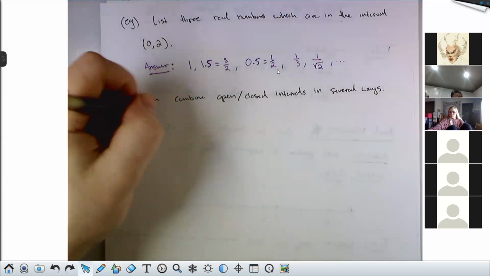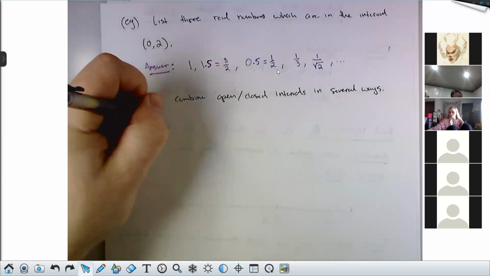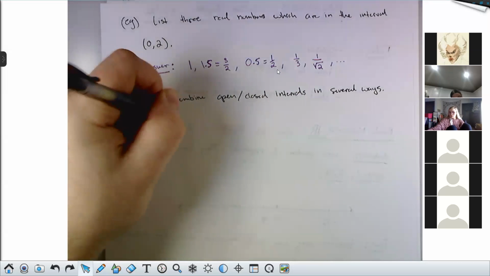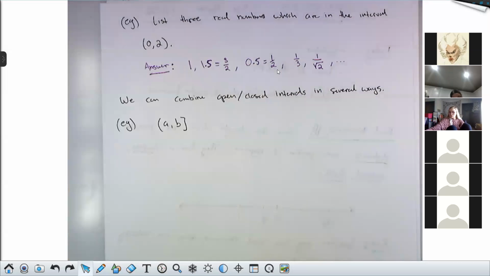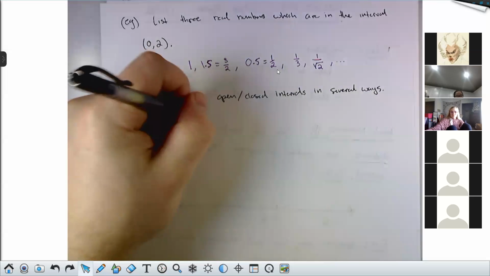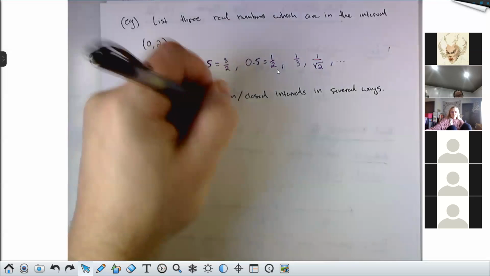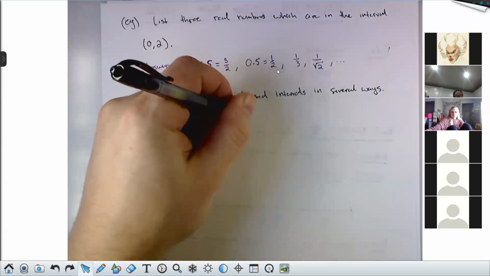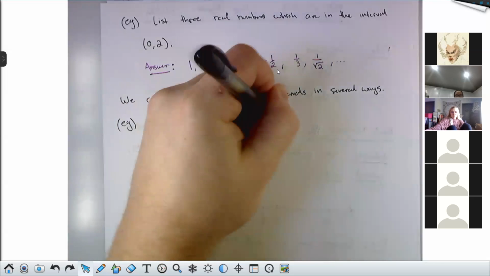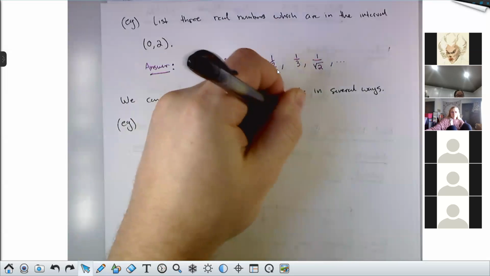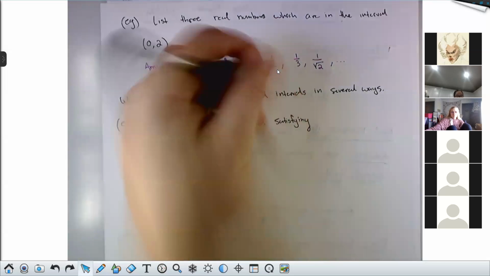One of the ways you can do this is by looking at the left open, right closed interval. So kind of taking the open parenthesis on the left and the closed bracket on the right. This is all numbers x satisfying what you would think.